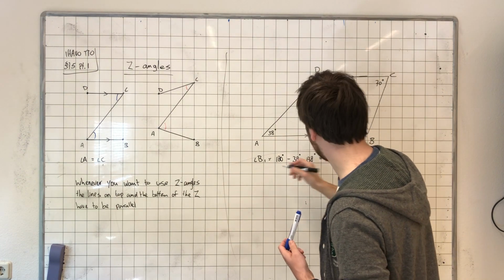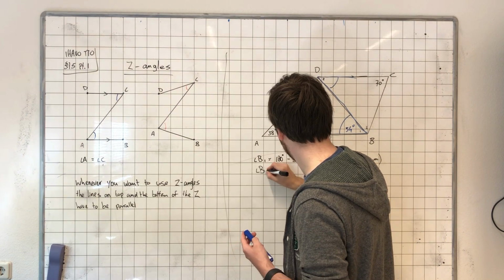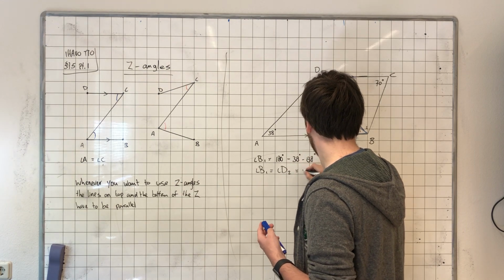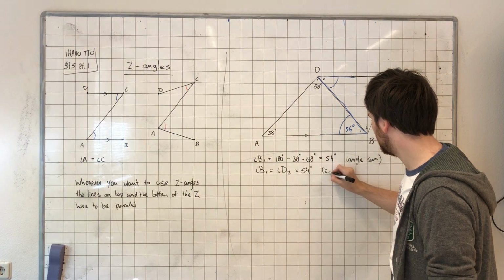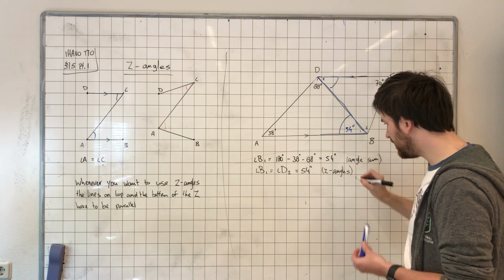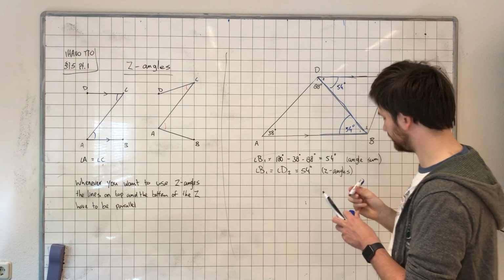B1, D2 sounds like it could be something in Star Wars actually. A small robot, I guess. So both of these things are 54 degrees because they're Z angles. So without actually calculating anything, we do already know this angle.